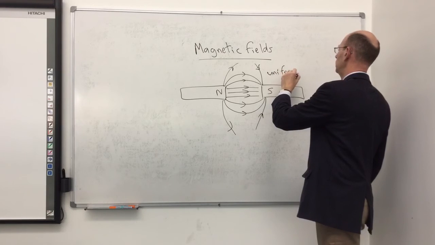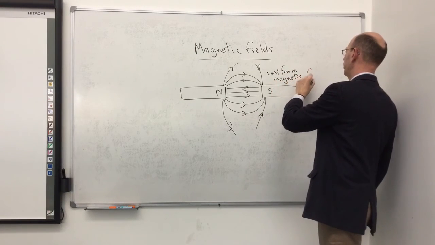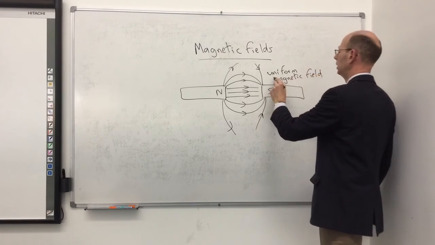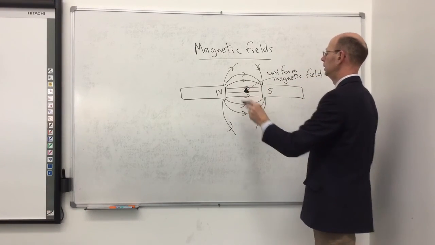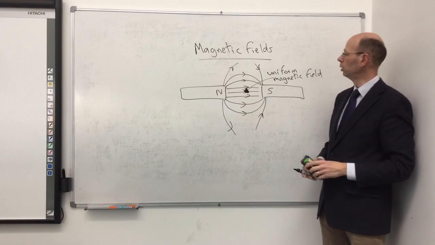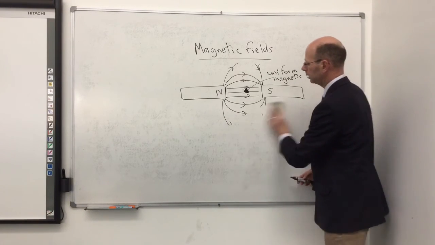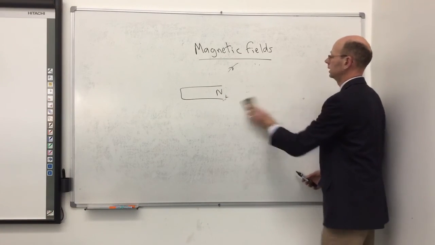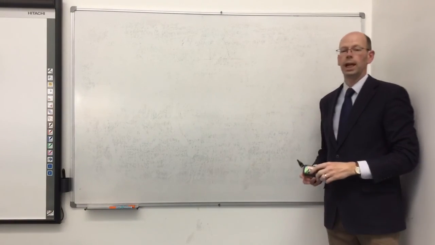A uniform magnetic field is one where as you move from the north to the south, the magnetism stays approximately the same intensity, the same strength. So just remember that between the north and south pole we're going to get a uniform magnetic field. So that's something about the magnetic field patterns for bar magnets. In the next video we'll look at what happens when we use electromagnets.